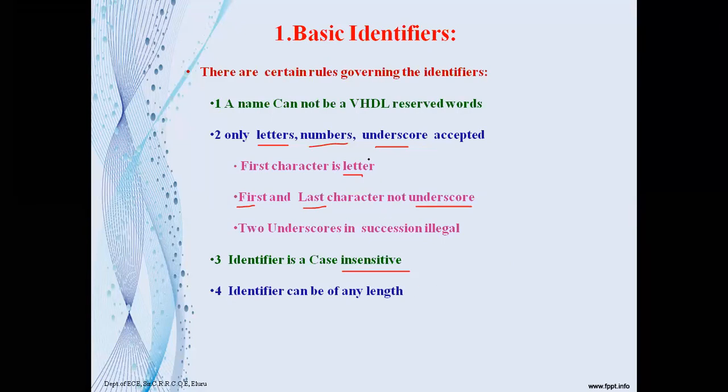Okay, so these are the basic identifier rules. So what are the rules of the basic identifiers? A name cannot be a VHDL keyword, and the identifier must use alphanumeric characters such as letters, numbers and underscore, and an identifier must start with a letter, and it should not end with the underscore, and two underscores are illegal in basic identifiers, and it is case insensitive and can have any length here.